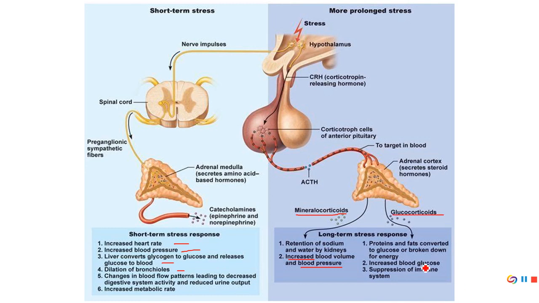So this is where these hormones help us convert fats and proteins into sugar so we can create ATP. This again leads to that increased blood glucose, but what happens is our immune system is depressed, right? Immune system, we're fighting off infection. That sounds like a good thing, but we're not putting energy there. We're putting energy into fighting whatever it is that's causing this stress.